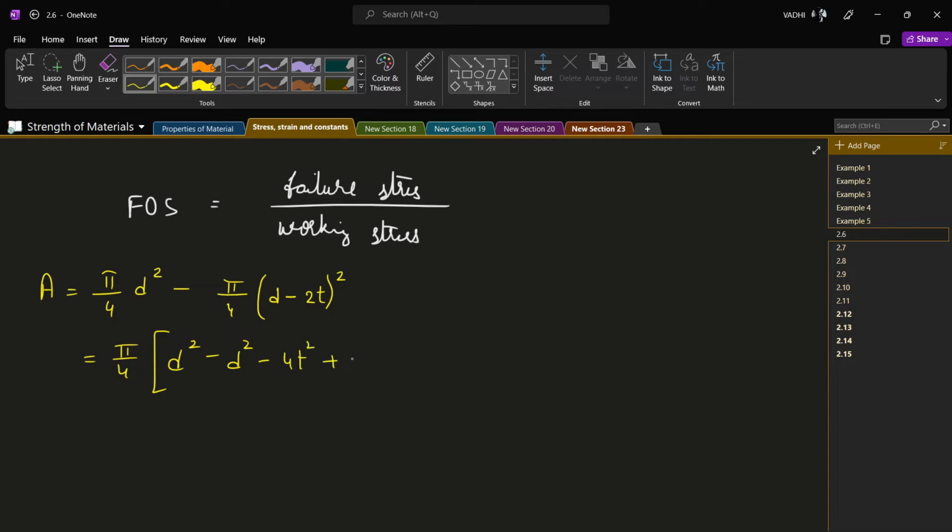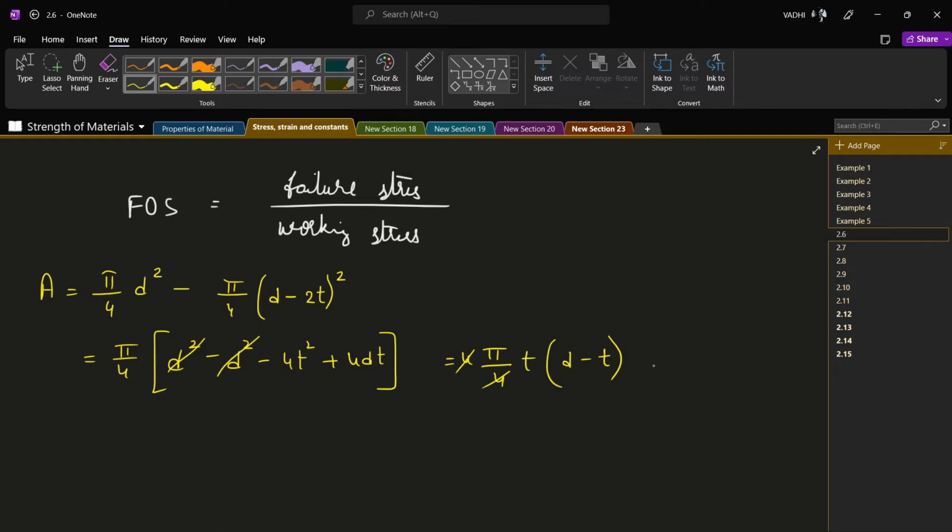So here d square would be cancelled, and in this remaining part I'm going to take out pi by 4 and I'll take t outside. I'll also take 4 outside, so 4 and 4 would be cancelled. So the remaining part is d minus t.